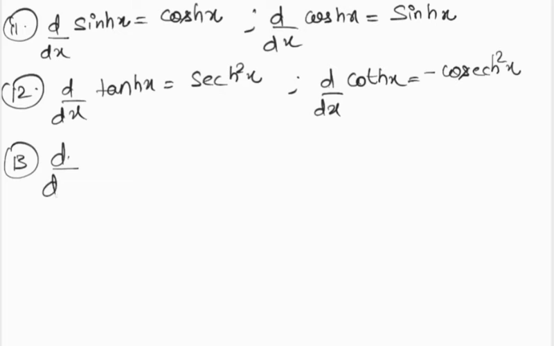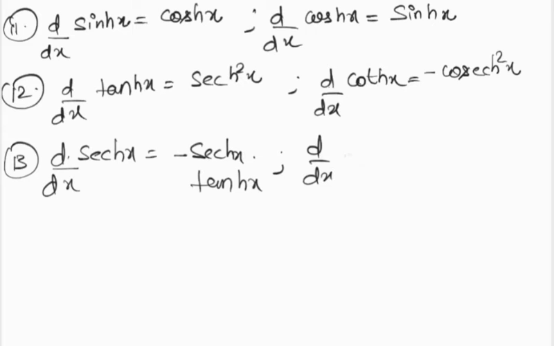Differentiation of sech x is equal to minus sech x into tanh x and differentiation of cosech x is equal to minus cosech x into coth x.